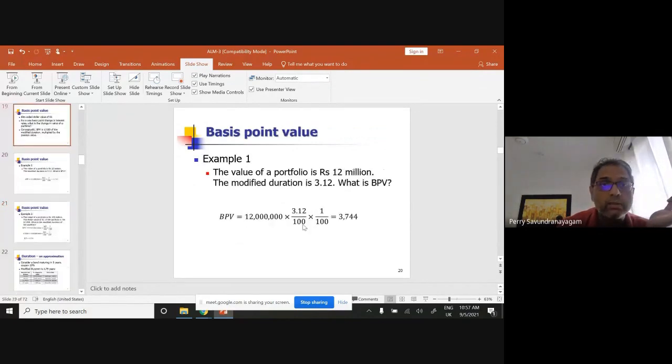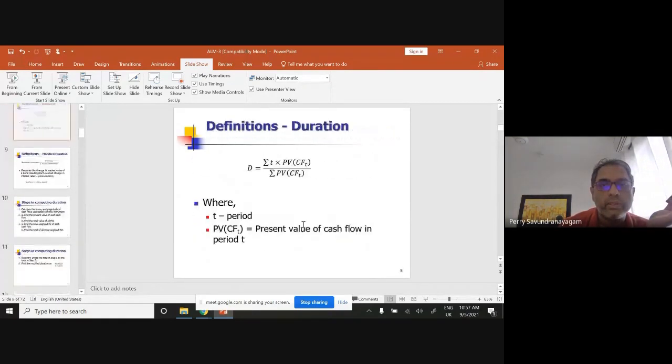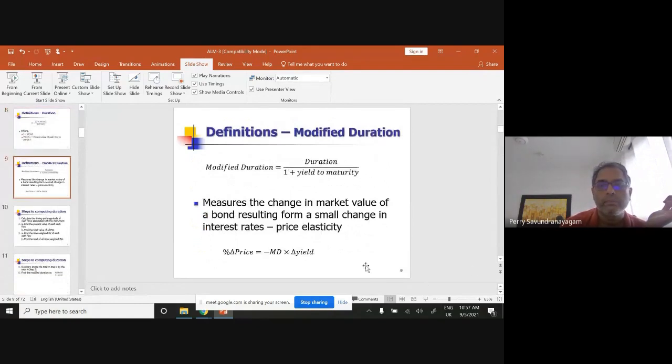And then if you look at the calculation of modified duration here, it measures a change in market value of the bond resulting from a small change in interest rates, price elasticity, right? So it is calculated from the duration of the bond, which is 3.79 years, and then you adjust it for a yield change to come up with the percentage price change of the bond, based on the duration and the yield change you're talking about.